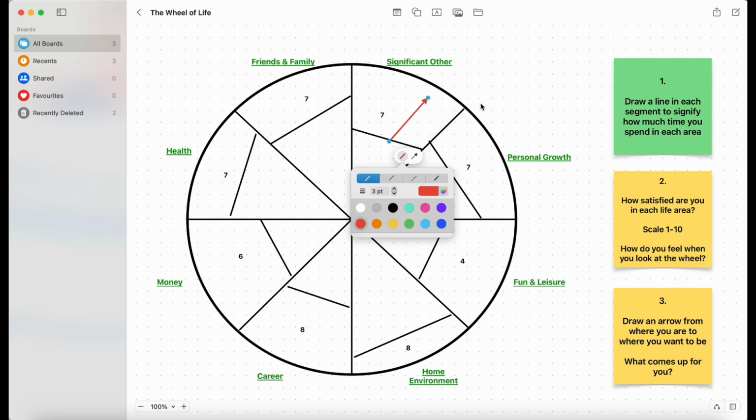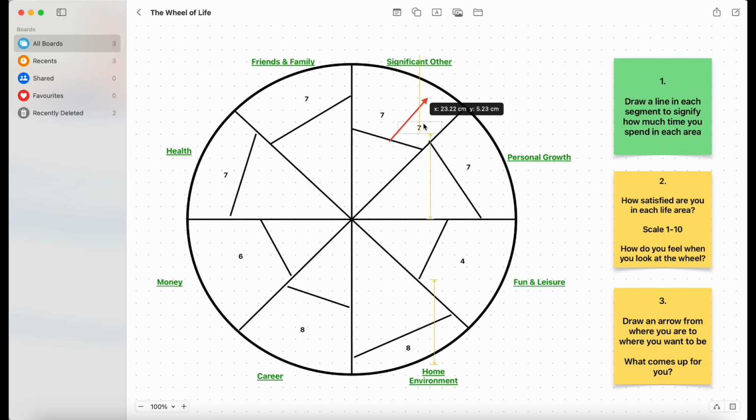You need some time for yourself. But I know that I want to spend quite a bit more time with that person because I enjoy their company. And so I'm going to go to here. And in terms of the score, I'm 7. I'm going to put that to, let's say, 9. I think that's a reasonable number to shoot for.